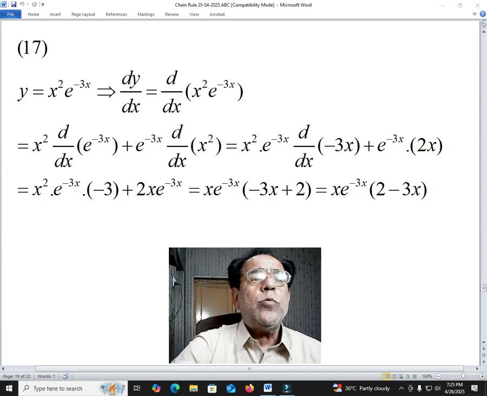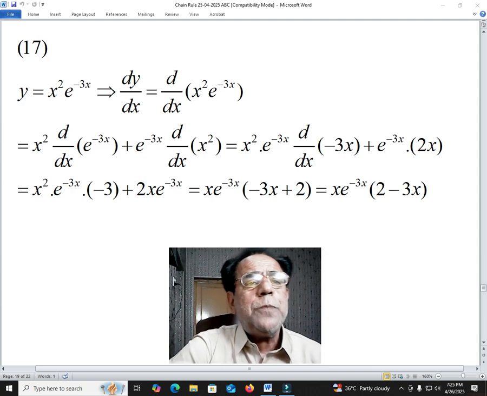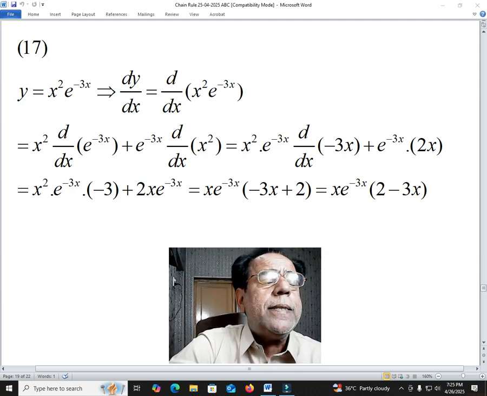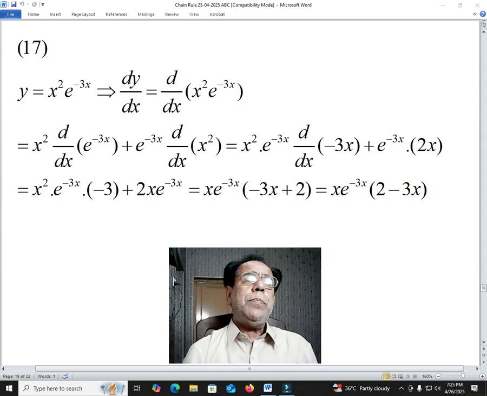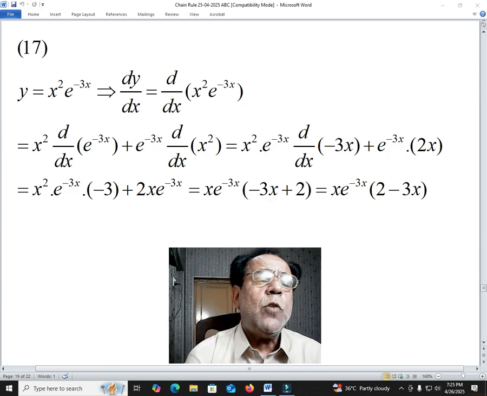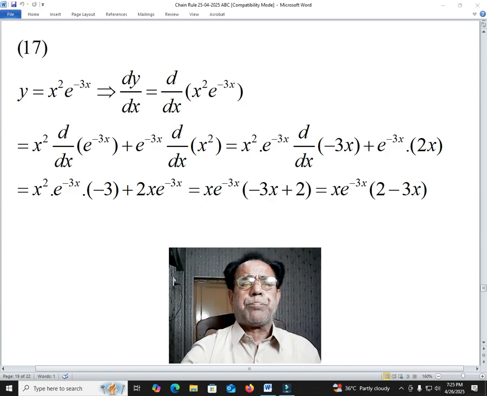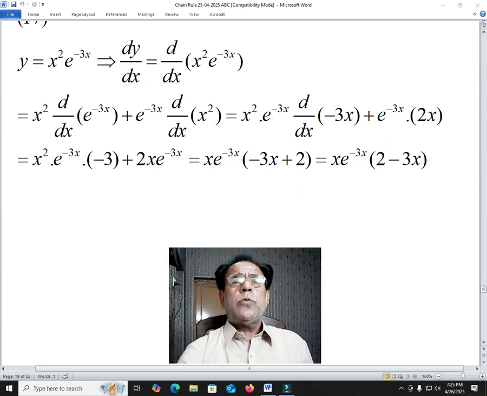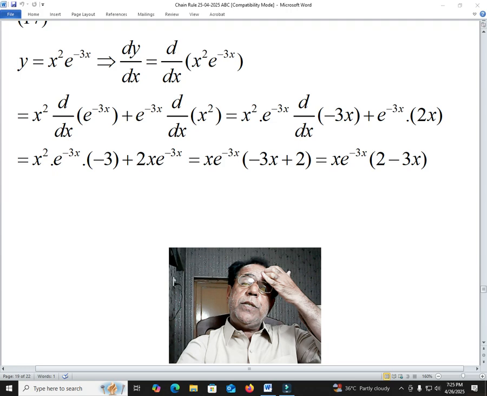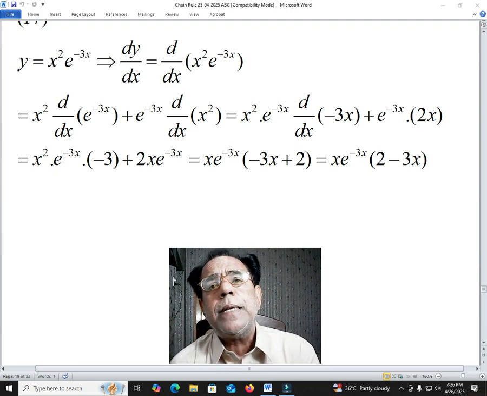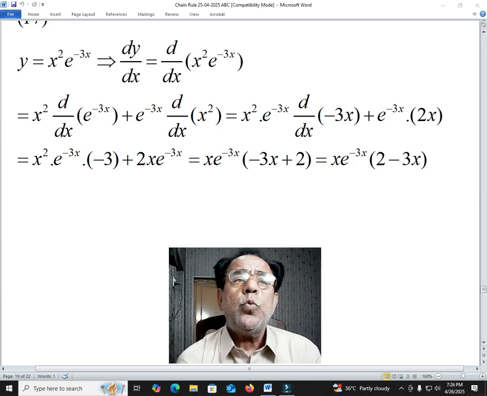Okay, dear students, differentiation of x square with respect to x will be 2x, while differentiation of e raised to the power minus 3x will be, one time it will be written as it is, and then we will take the derivative of minus 3x which will give result minus 3. Okay, so using these properties, our next step becomes x square into e raised to the power minus 3x into d over dx of minus 3x plus e raised to the power minus 3x into 2x.